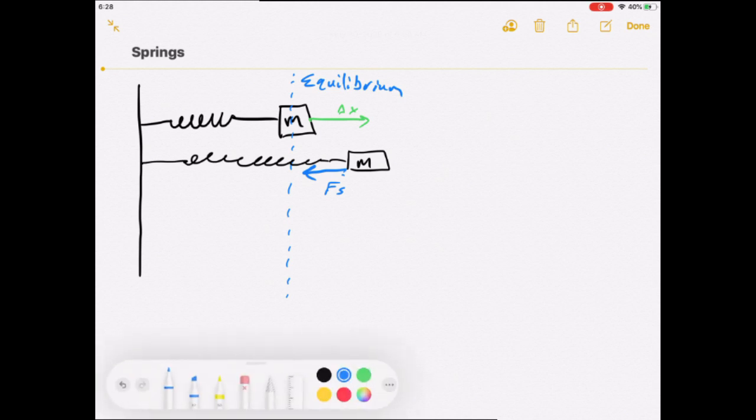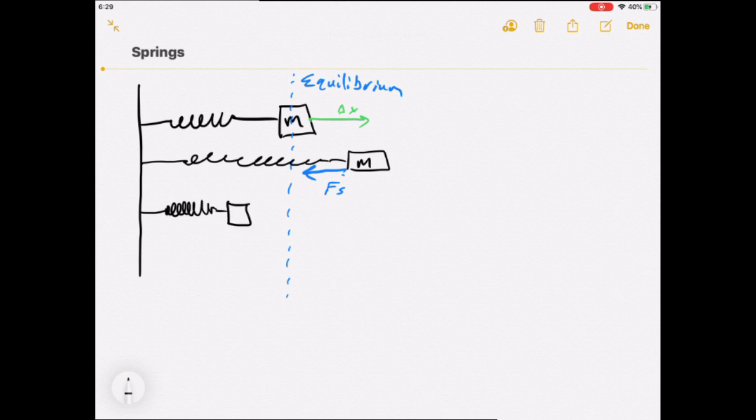And if instead I compressed the spring by some distance, so this is my new delta x, the spring force would act again against the delta x.